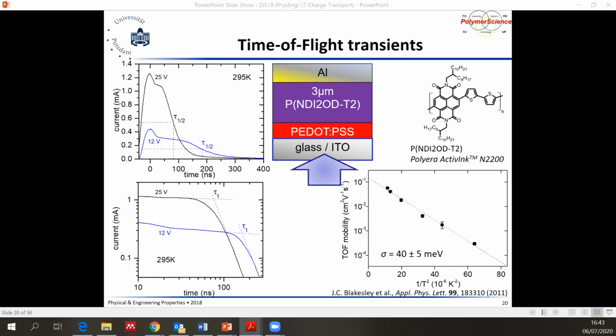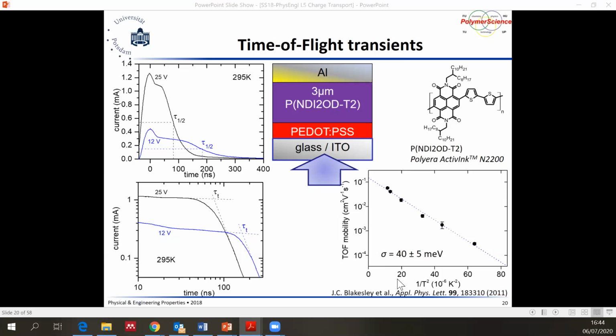We can also do this experiment as a function of temperature, and in fact most of these electronic mobility measurements have to be done as a function of temperature for us to understand better. And if you plot the mobility that you calculated, so we said mobility equals the thickness of the active layer, all over field times the transit time, you get the mobility.